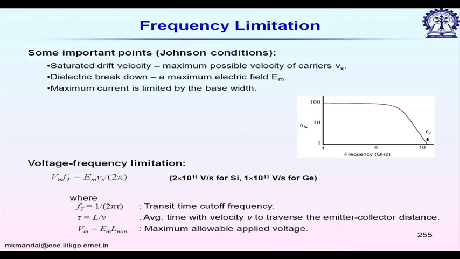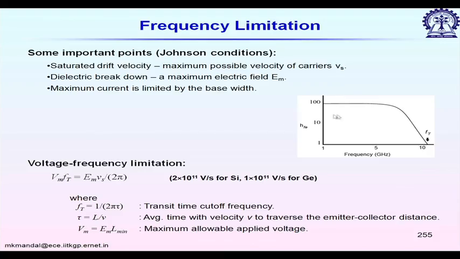So, we will consider this maximum velocity of carriers Vs, and then next is the dielectric breakdown. Dielectric breakdown depends on the applied electric field and is a property of the given dielectric. Let us call the breakdown electric field Em. Then maximum current is also limited by the base width.